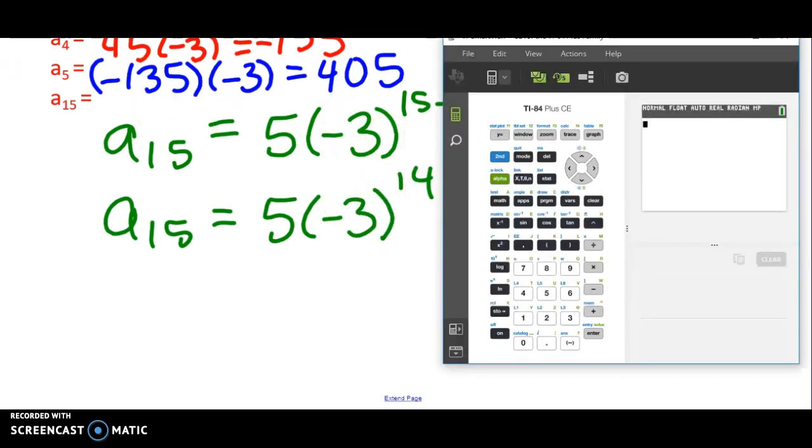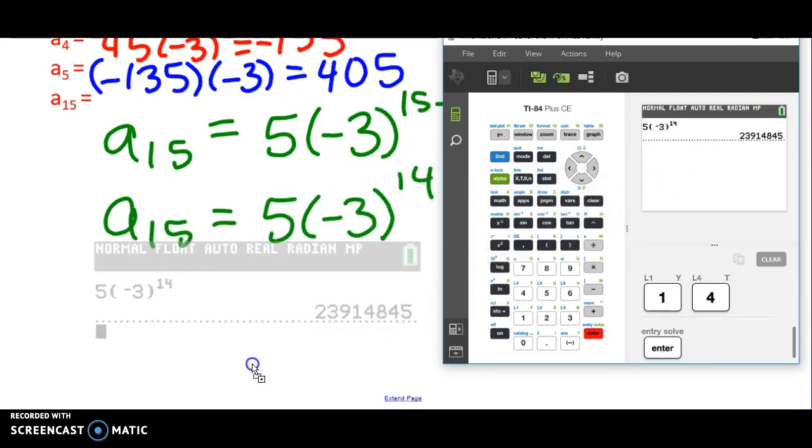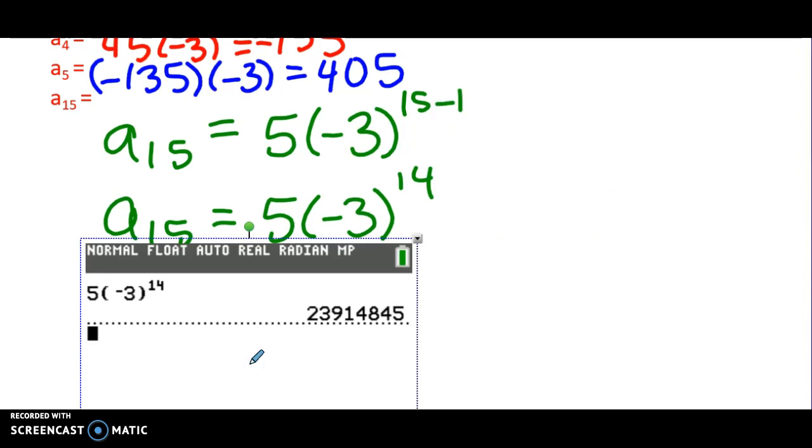If we want to type that in our calculator, we're going to enter 5 times negative 3 raised to the power of 14. Hit enter, and we get an answer of 23,914,845.